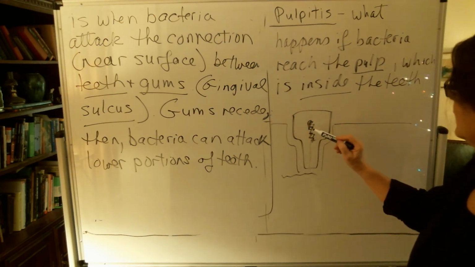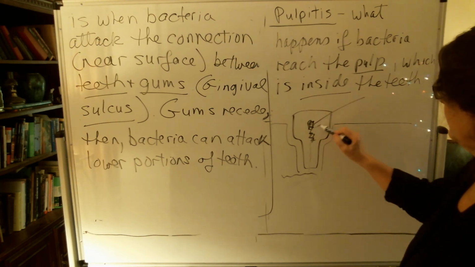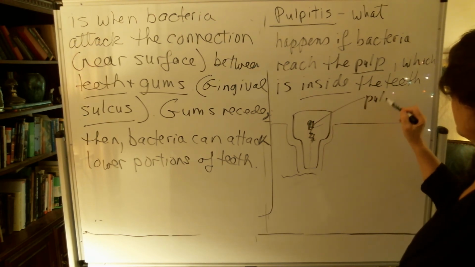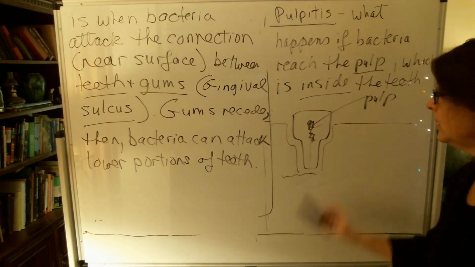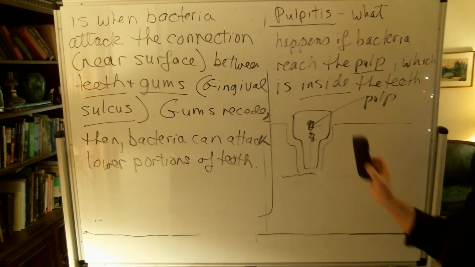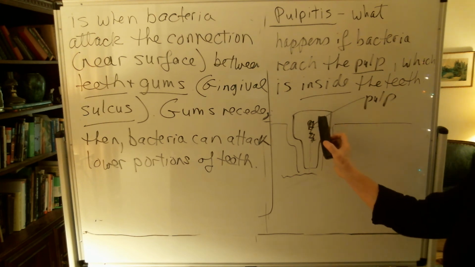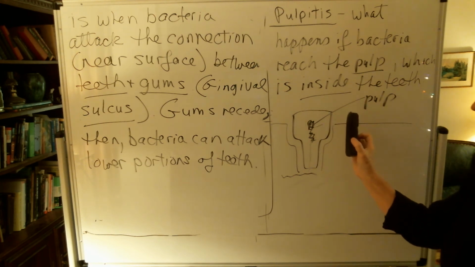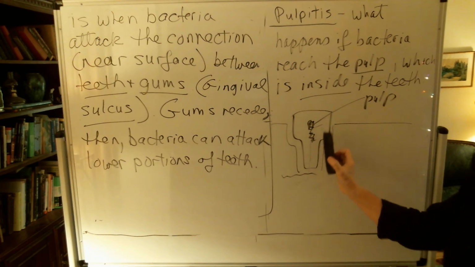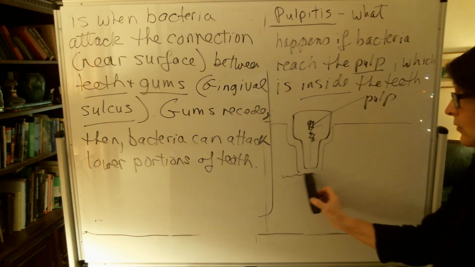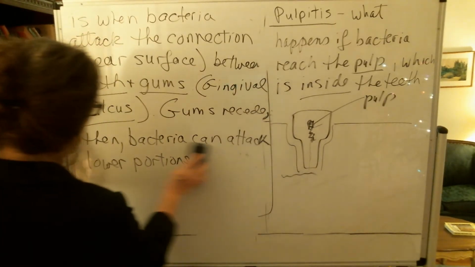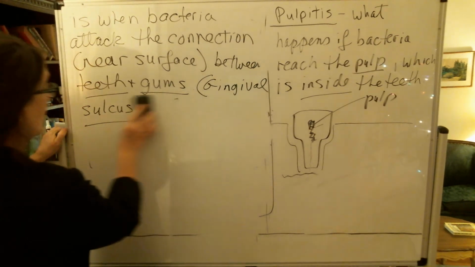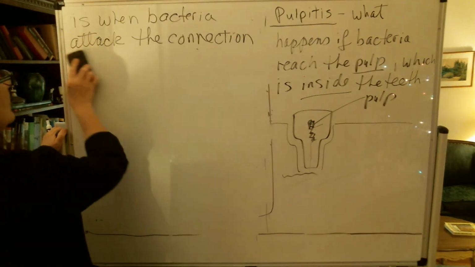Anyway, the point is here you have the pulp inside the tooth. So if you wind up getting an infection in there, if the enamel is eroded away or cracked or something so that bacteria can get in there, then you have a problem both inside the tooth, and it can also get into your bloodstream and into the rest of your body, and you've got a serious problem on your hands at that point.